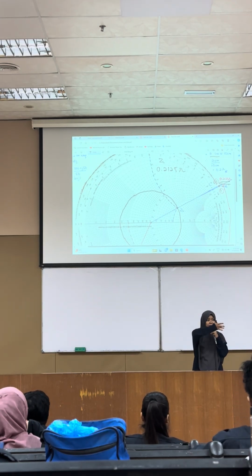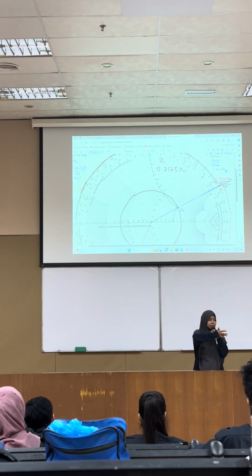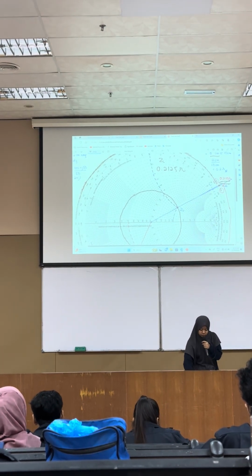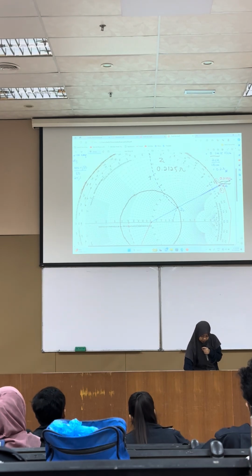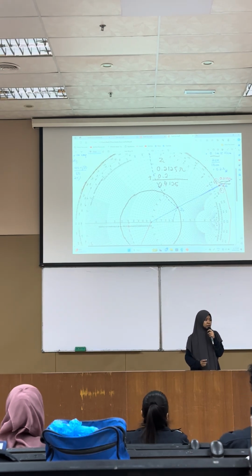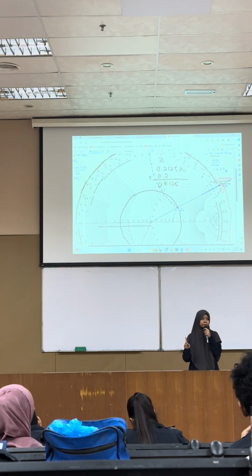The line length in lambda, just now we calculate, is 0.2. So you add the value of the length, so you get 0.4125.